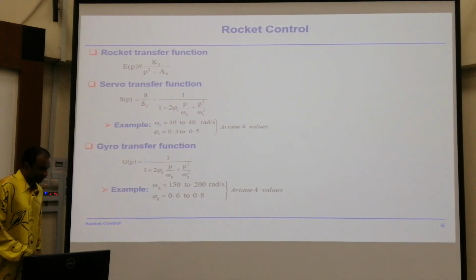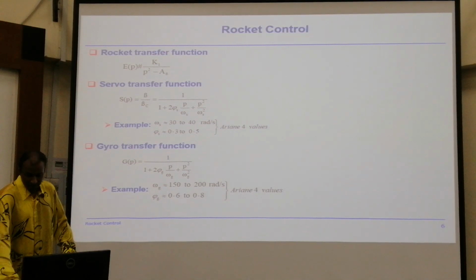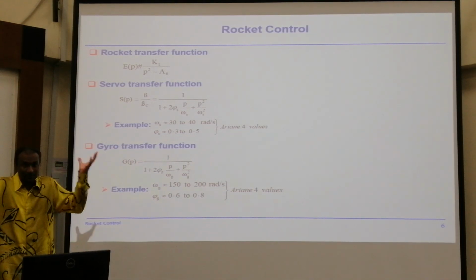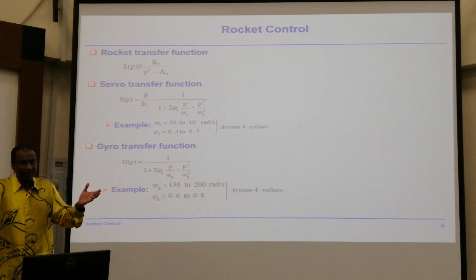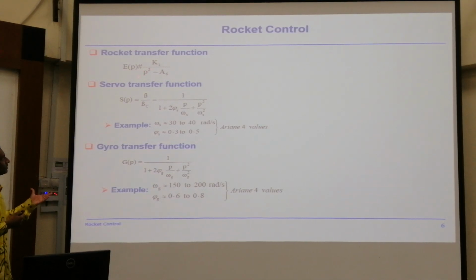Alright, now I want to do rocket control. Good news is that I already have a simplified model of the transfer function of the rocket, the dynamics. Now, K over, again in Laplace form, S squared, where S is the Laplace operator, minus A6.